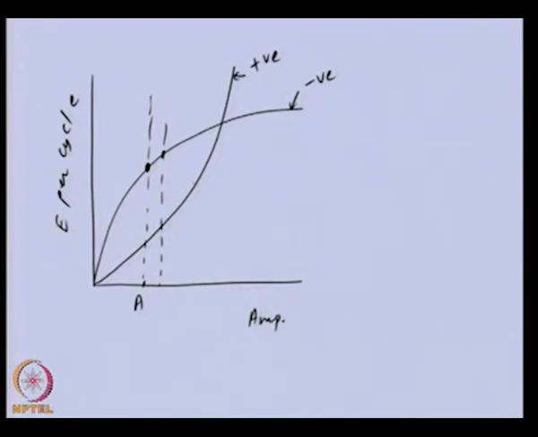Now, let us say this particular plot I am drawing again. Let us say we are somewhere here. In this particular case, we can see that this is the energy which is getting into the system, but this is the energy from here to here which is getting out of the system.